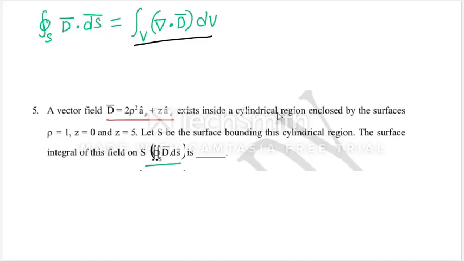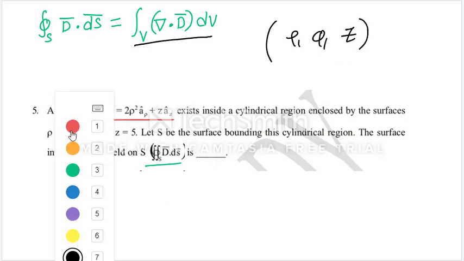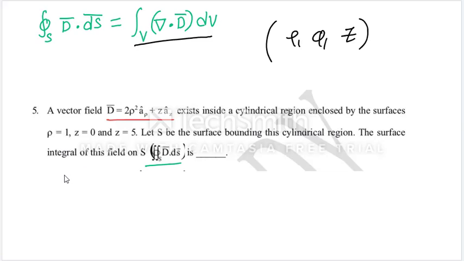Tell me dV now. In what system? Rho phi z, the cylindrical system. For dV, how many elements are required? 1, 2, 3. Three elements are required, so we need to take all 3 elements.